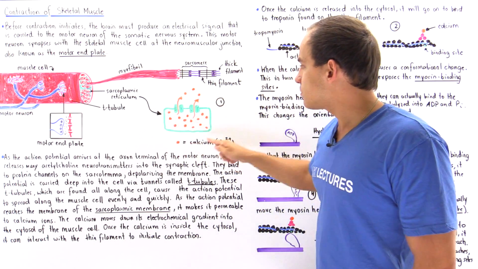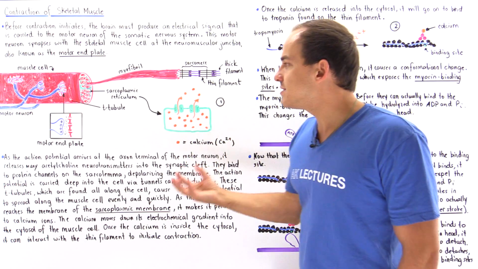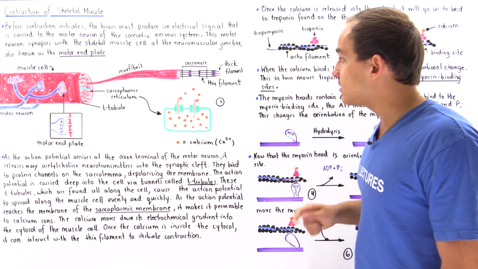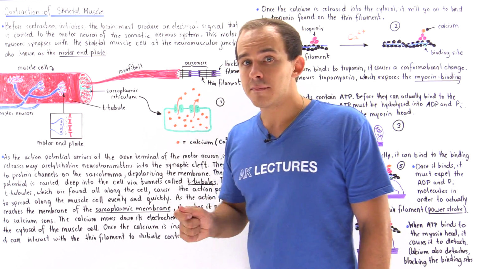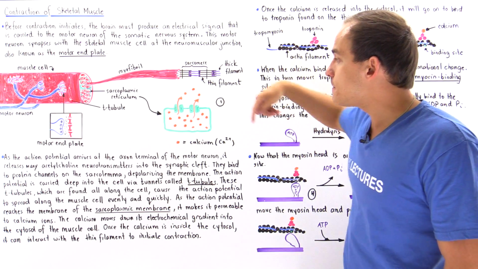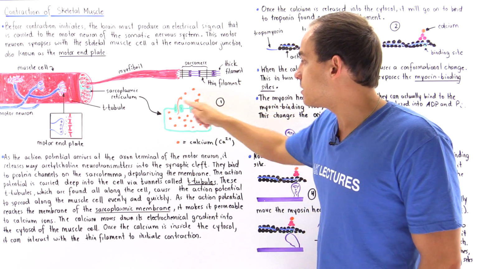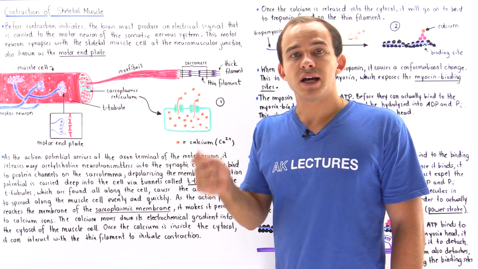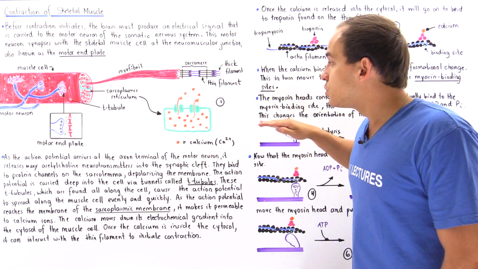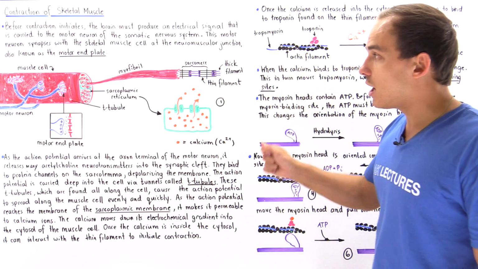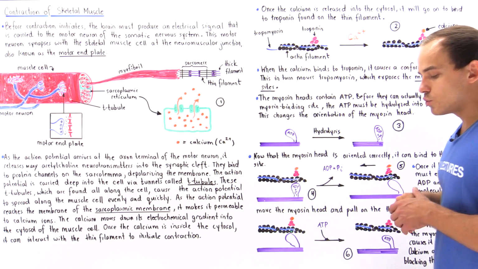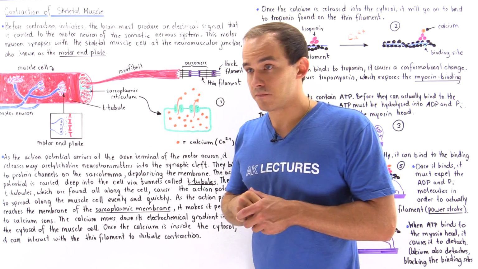Once the action potential travels to our sarcolemma, it will open up special channels on the membrane that allow calcium ions to flow into our cytoplasm. Remember, the cytoplasm of our muscle cell is also known as our sarcoplasm.